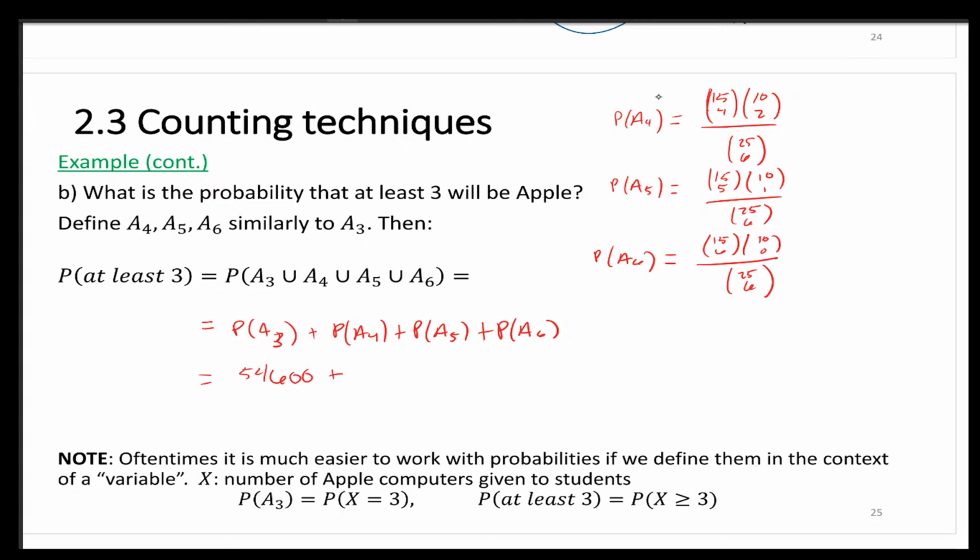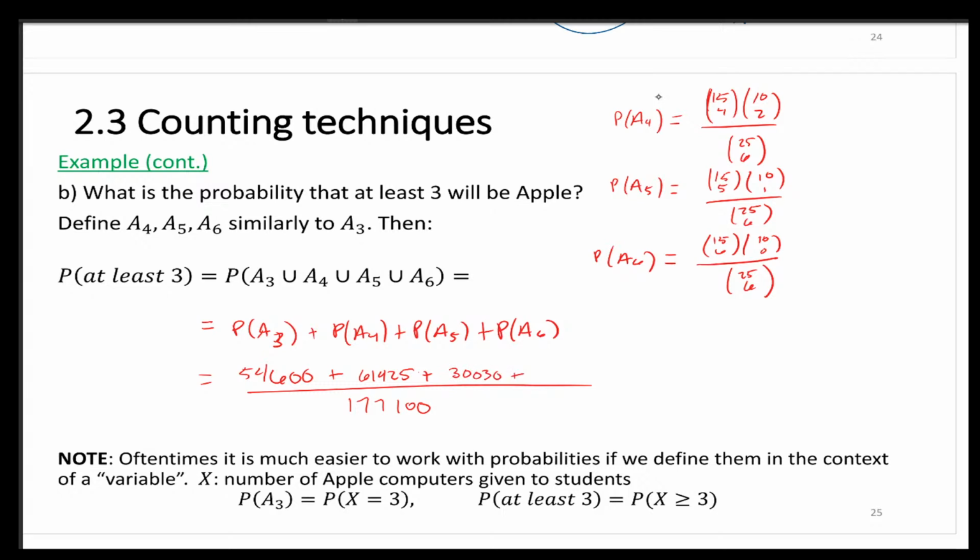54,600 plus, so that was the numerator of A3. These all have the same denominator, which is 177,100. Let's see, the 15 choose 4 times 10 choose 2 turns out to be, I think, 61,425. Then 15 choose 5 times 10 choose 1 is 30,030.